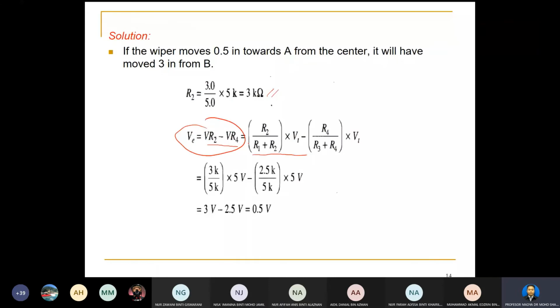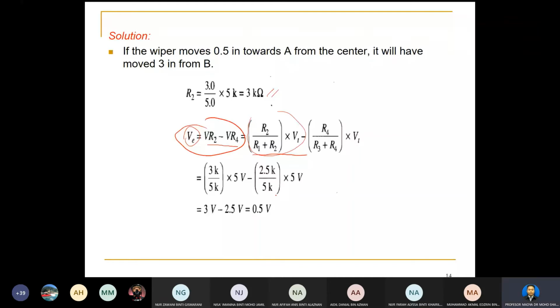To get V2, we use the voltage divider rule, and the voltage divider rule is also used to calculate V4, the voltage here and the voltage here. So you can get the new VE. The VE will appear as 0.5 volts. That is an example.